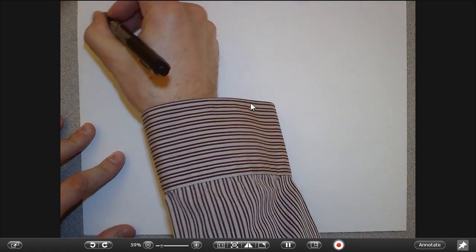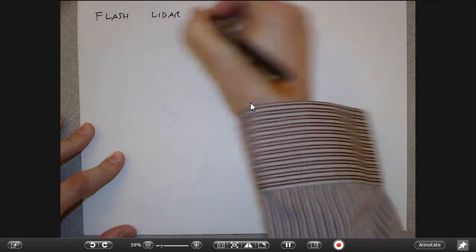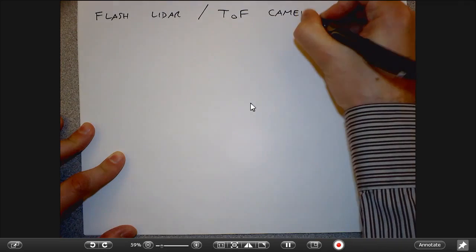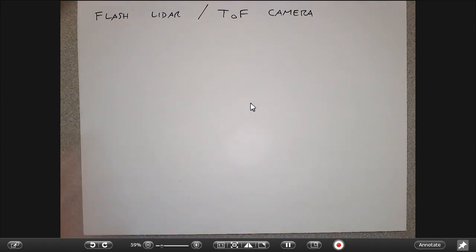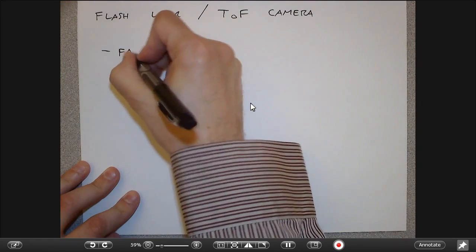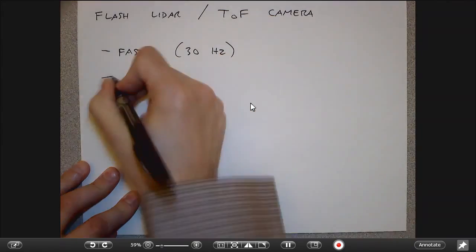So the third kind of modality, sometimes you hear this called flash LiDAR, and sometimes a TOF camera. Again, these are usually fast, about 30 hertz frame rates.